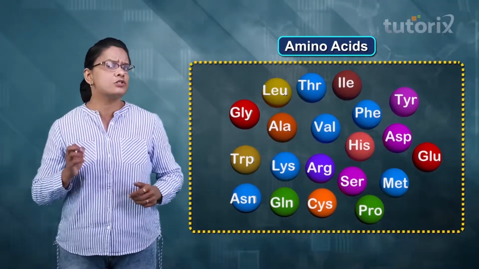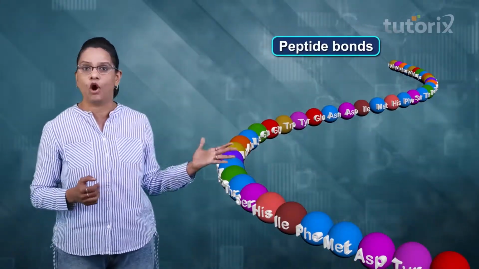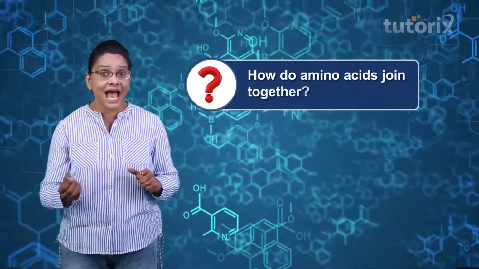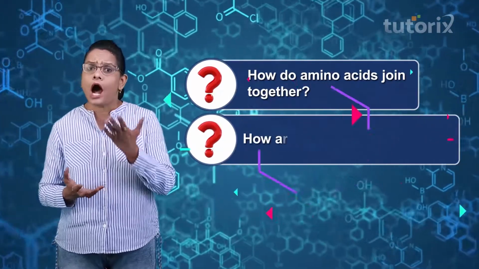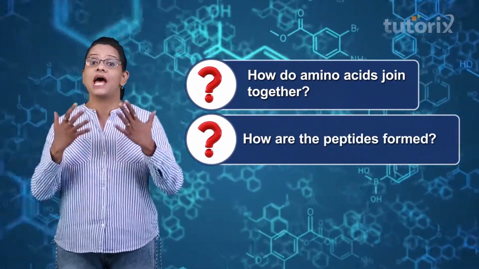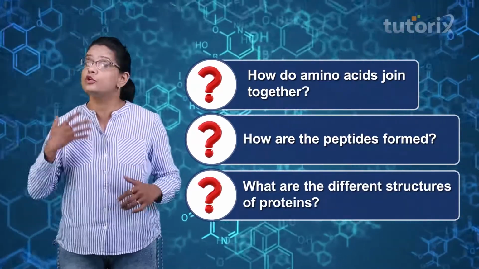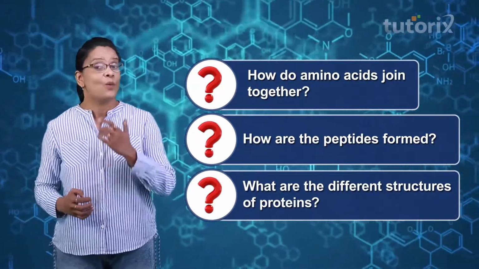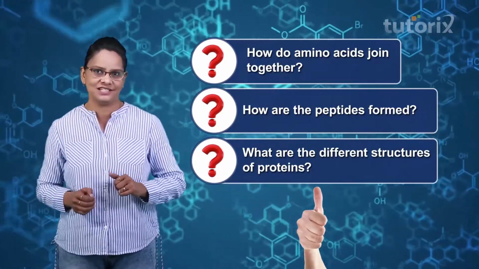And we have also discussed that amino acids join together by peptide bonds to form proteins. But guys, how exactly do the amino acids join together? And how are the peptides formed? And what are the different structures of proteins that are formed due to joining of the amino acids? Well, this is what we have to find out in this interesting session.